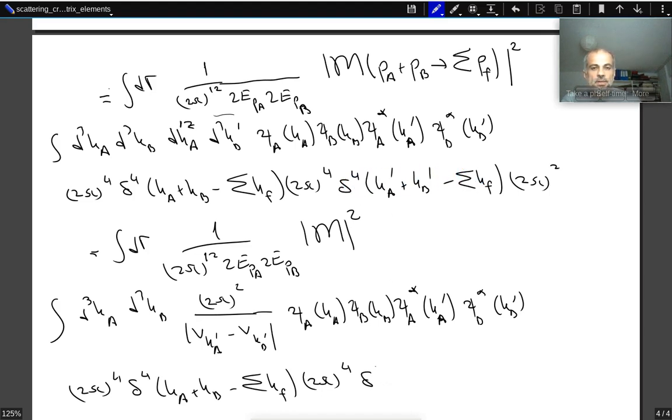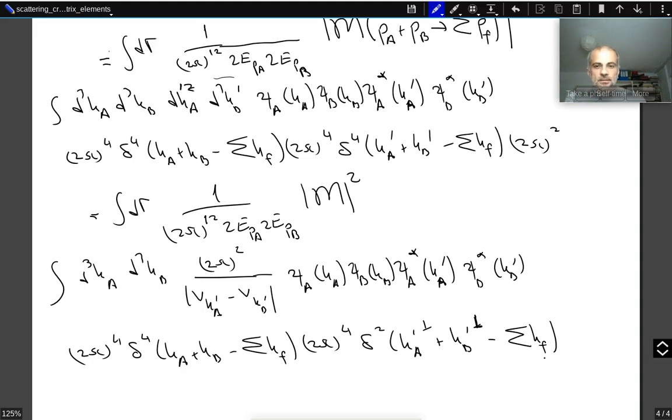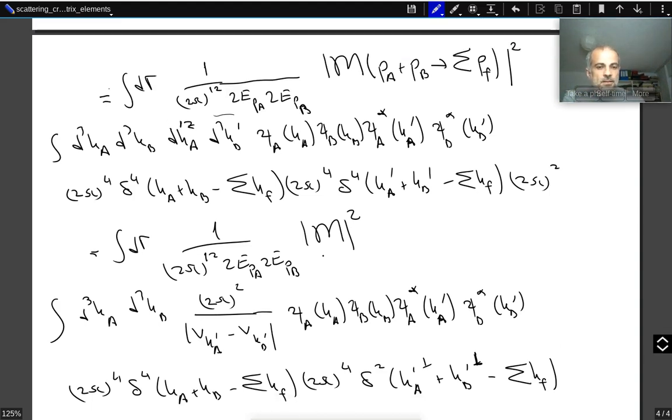Dirac delta squared of ka prime perpendicular plus kb prime perpendicular minus kf, and there is a d²k.